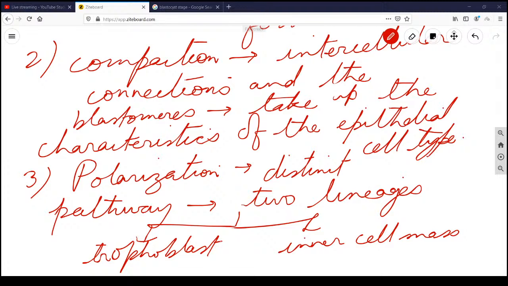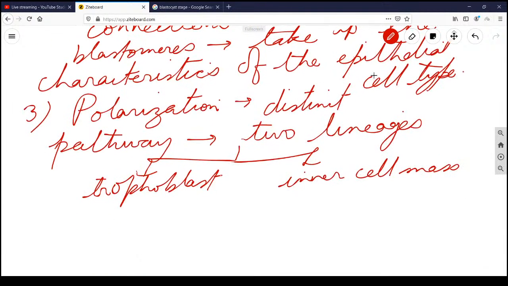Most maternal transcription products are degraded by the two cell stage. They do store ribosomes and mRNA, but not for a very long period of time, only until the two cell stage. So a huge amount of maternal ribosomes and RNAs is not stored.